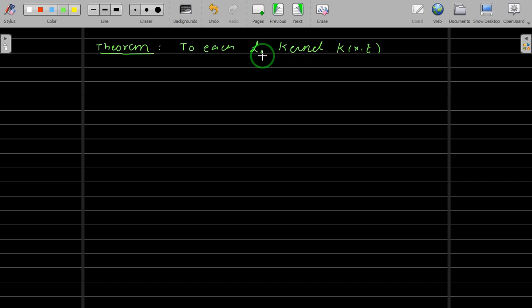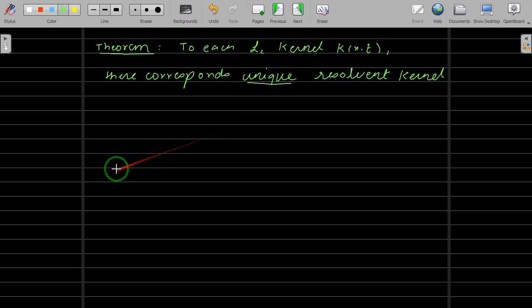So to each L2 kernel k(x,t), there corresponds a unique resolvent kernel. So this is the question: you have to show that it's a unique resolvent kernel. And if you have a unique resolvent kernel, obviously we have a unique solution. Unique resolvent kernel, we have denoted this by gamma(x, t, lambda).